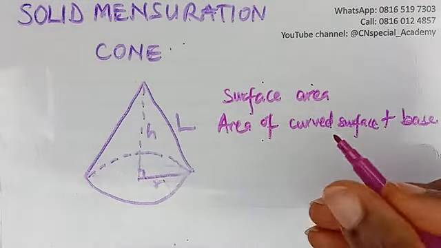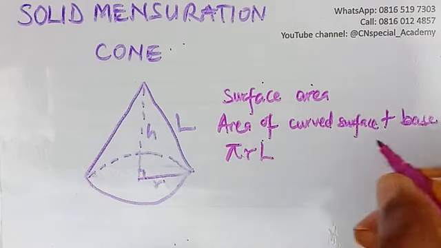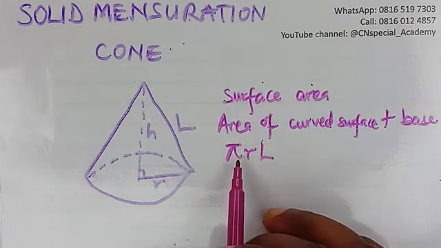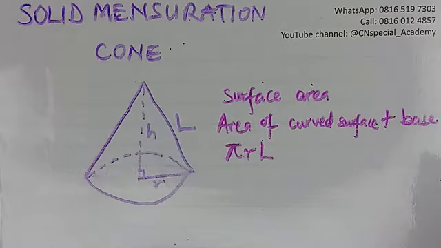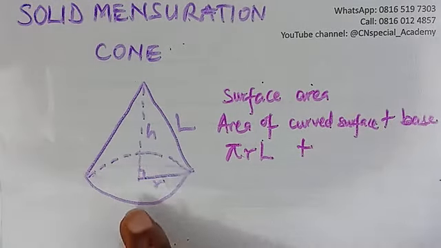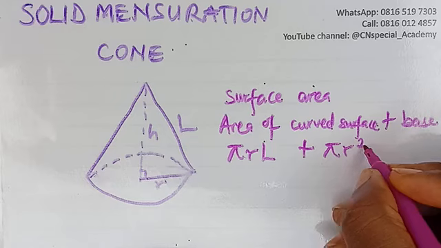The area of this curved surface is pi r L, that is pi times the base radius times the slant height. Then the base is a circle, of course, and the area of a circle is pi r squared.